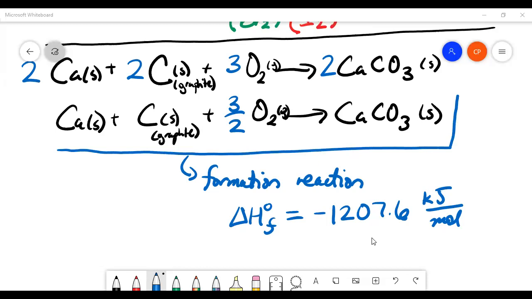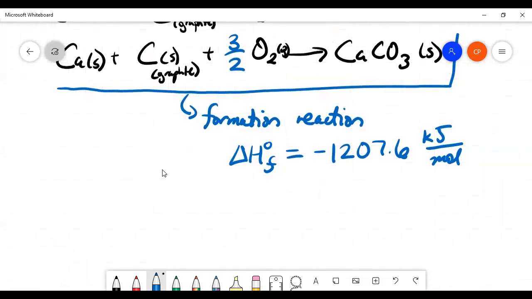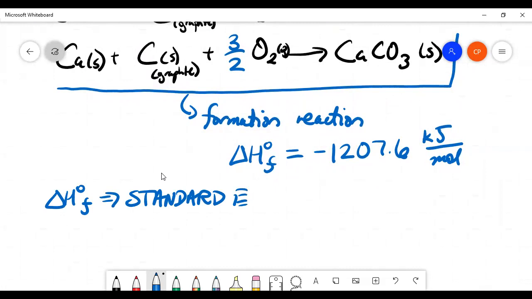Now, what does that represent again? It represents an enthalpy for this reaction. And that enthalpy for this reaction is what is known as a standard enthalpy of formation.